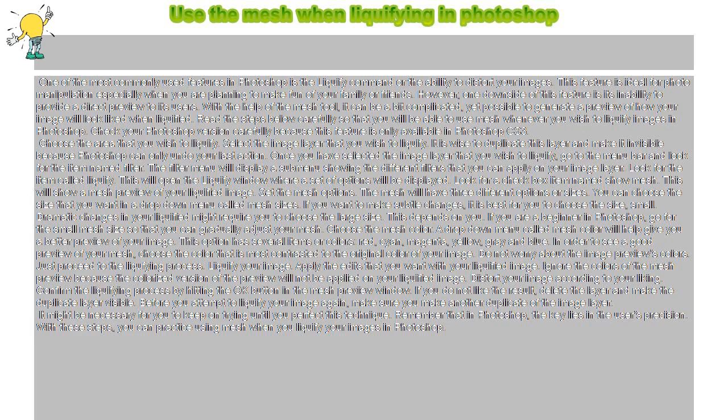In order to see a good preview of your mesh, choose the color that is most contrasted to the original color of your image. Do not worry about the image preview's colors. Just proceed to the liquifying process.